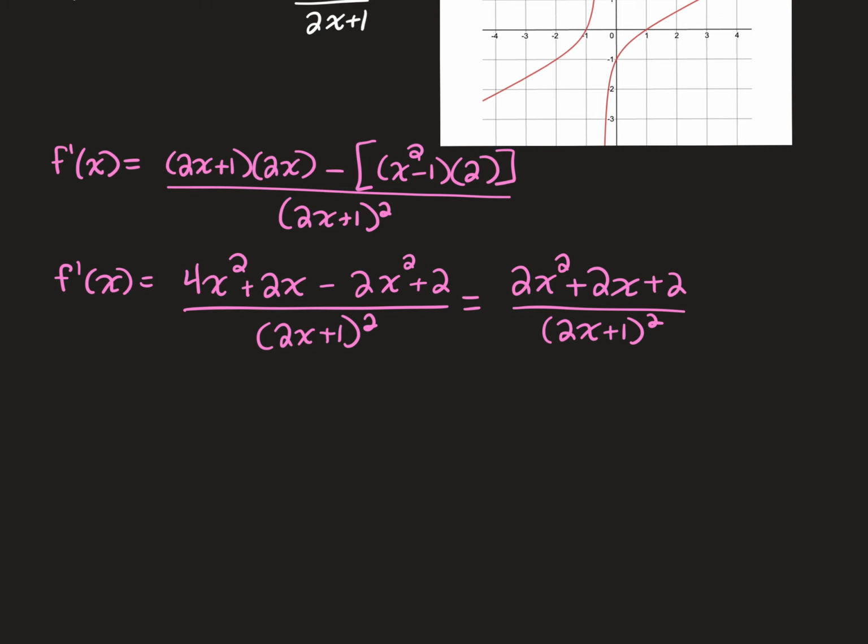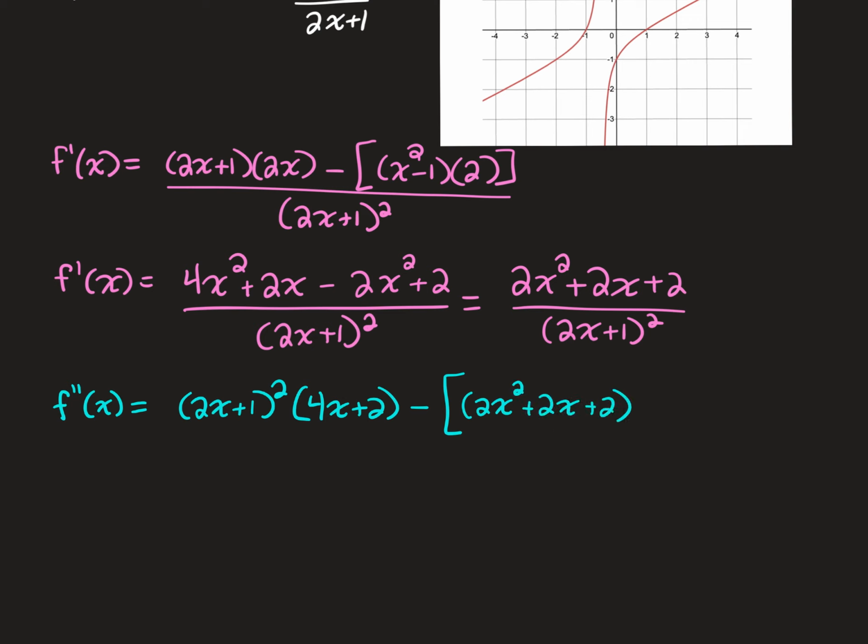So then we'll go to our second derivative. And we'll have to use the quotient rule again. All right, so low, which is 2x plus 1 squared, d high, which is going to be 4x plus 2, minus high, which is 2x squared plus 2x plus 2, d low.